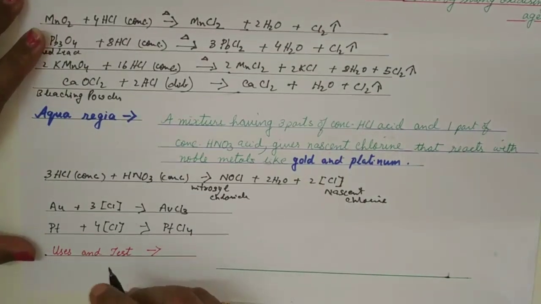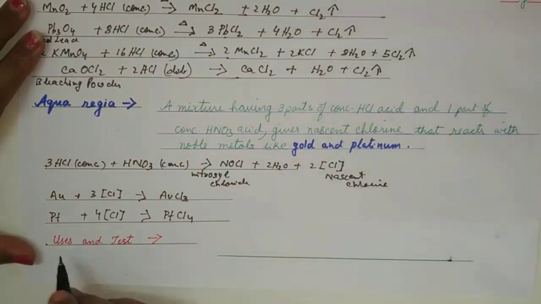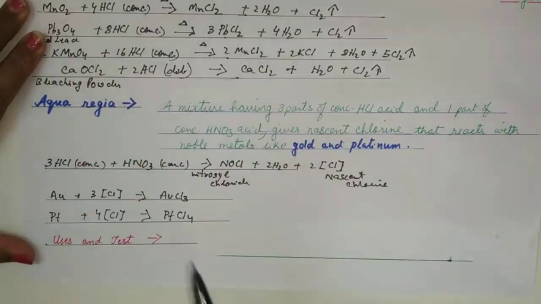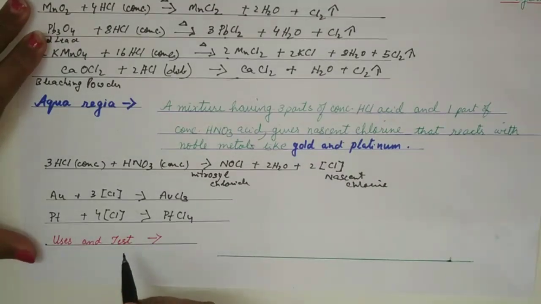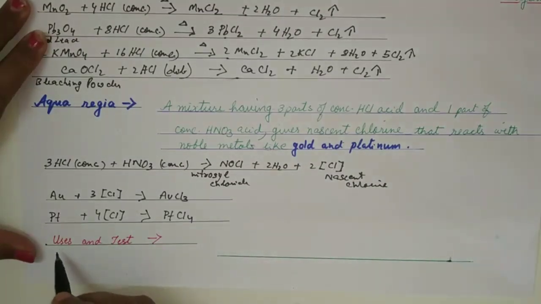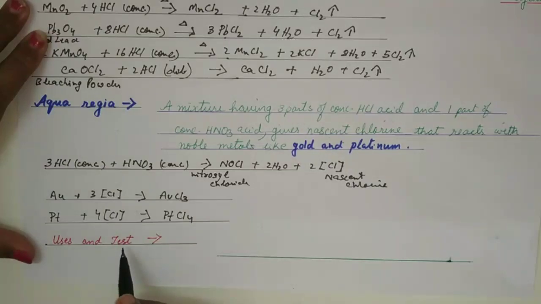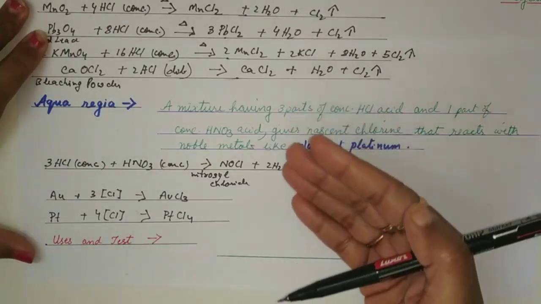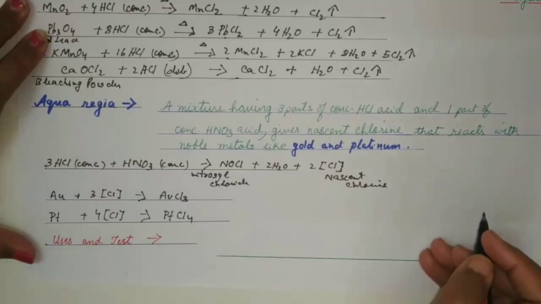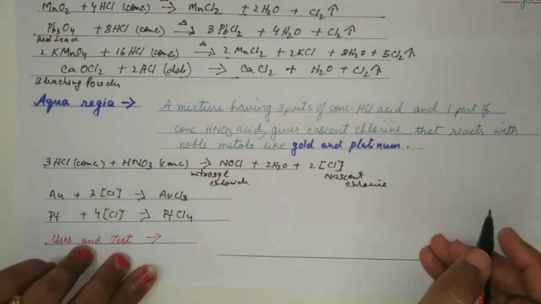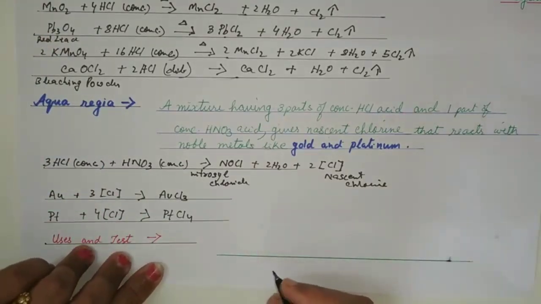Now coming to the last but not the least, the uses of hydrochloric acid and the tests for hydrochloric acid. As for uses, I would say please stick to your book and see the number of uses given there. Try to learn them, children. And so far as the test is concerned, there are a number of tests that we have done in the last 3 videos of this chapter of study of the compound hydrogen chloride.